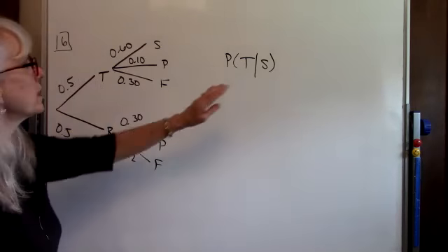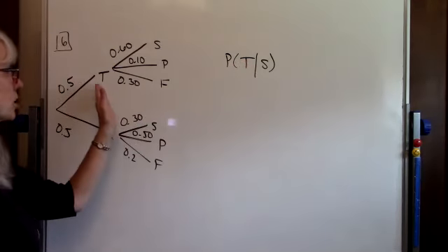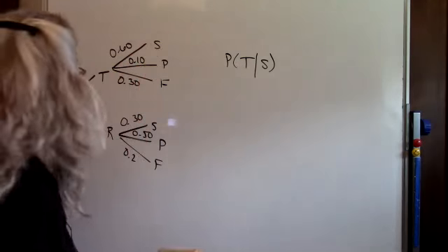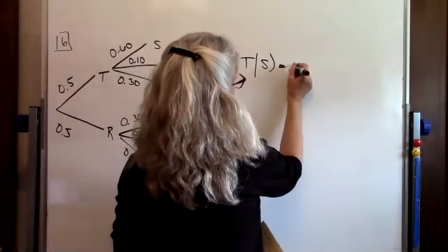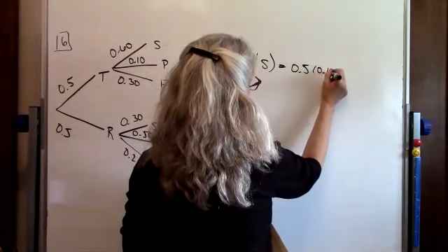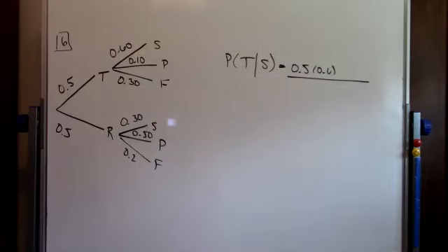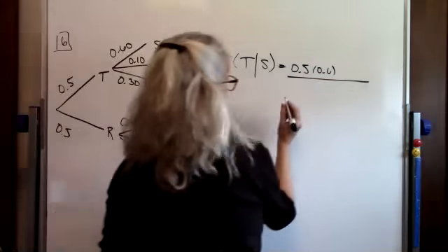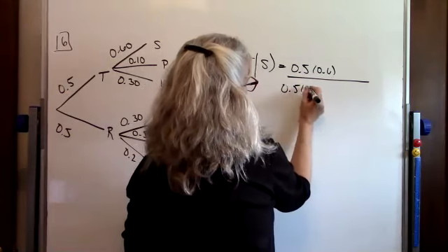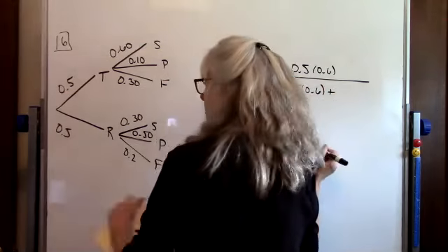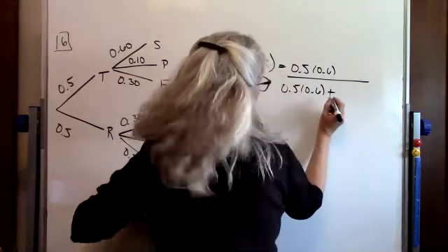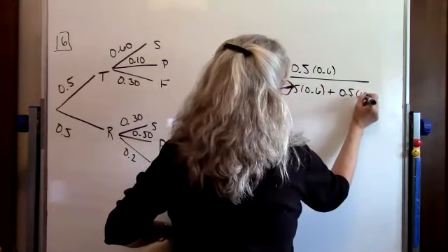Okay, so again, what we need first is the branch that starts at T and ends at S. So that'd be 0.5 times 0.6 over all the branches that end at S. So all the branches that end in S would be that 0.5 times 0.6 plus 0.5 times 0.3.